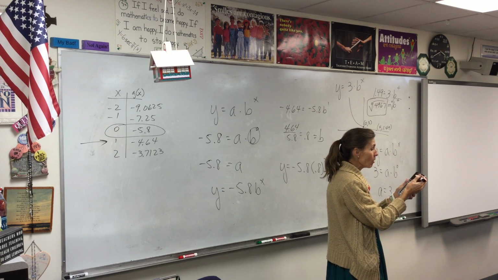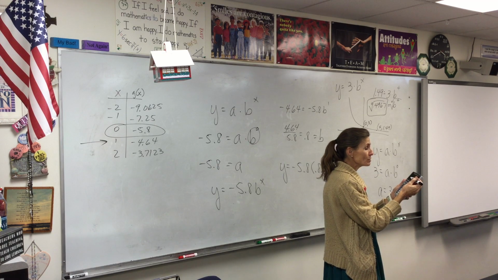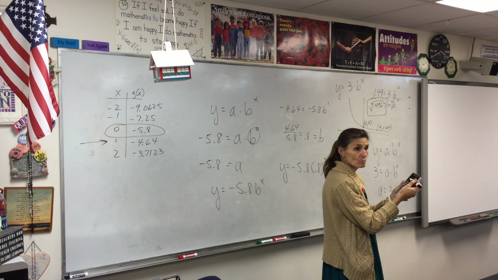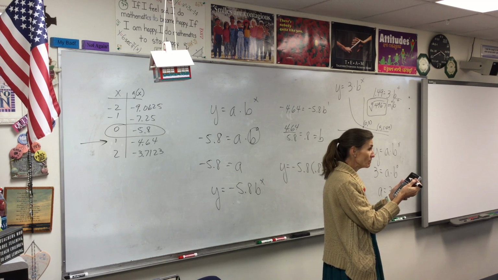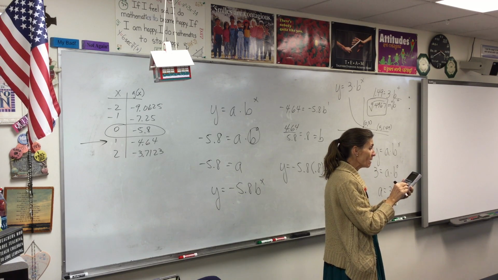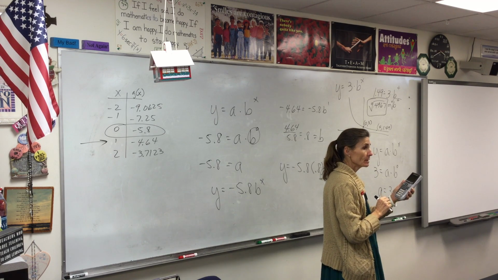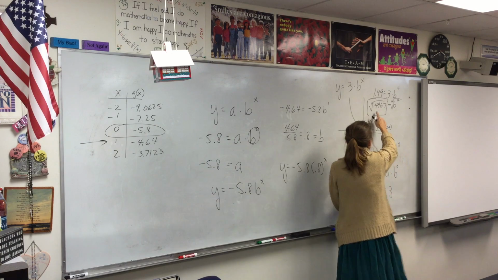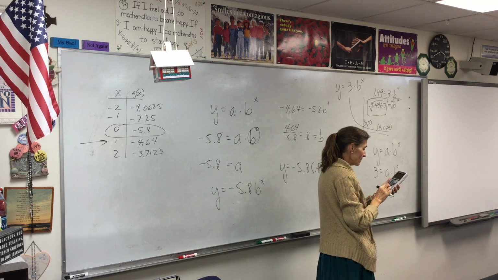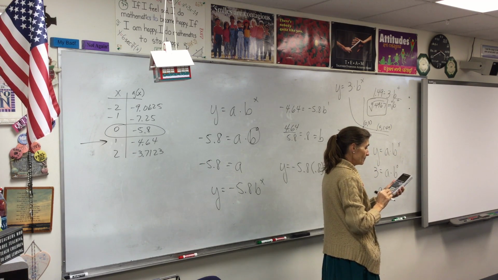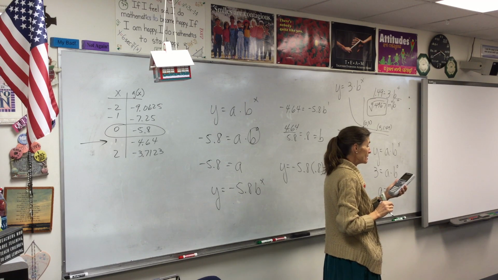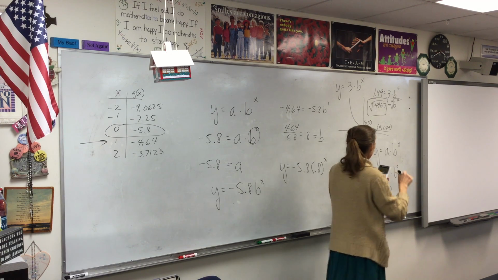Do you see where it says the xth root? That's option 5. Click down to option 5, and then type in 0.4967. Did you get 0.8395? Yes.